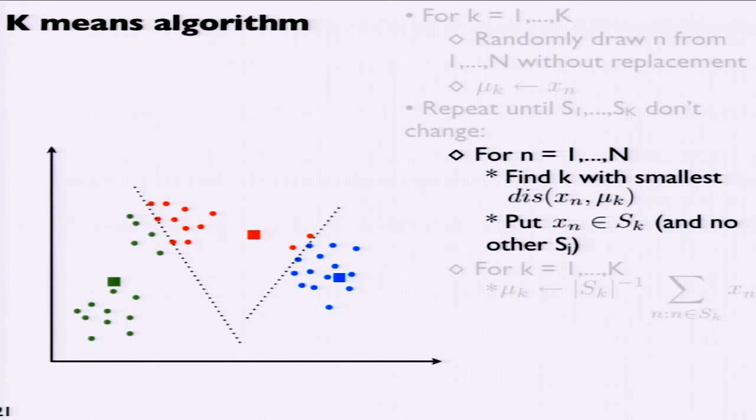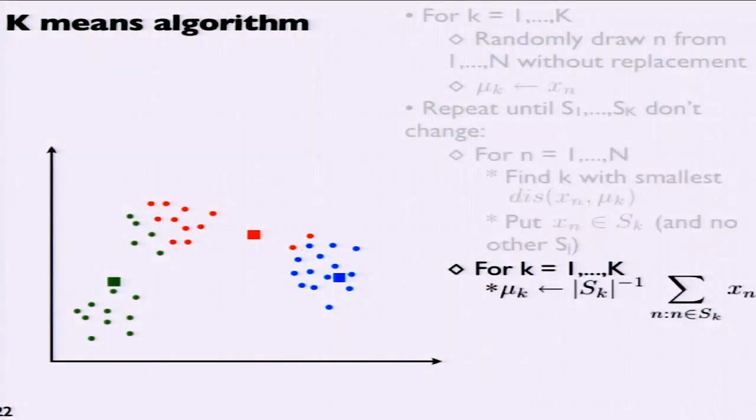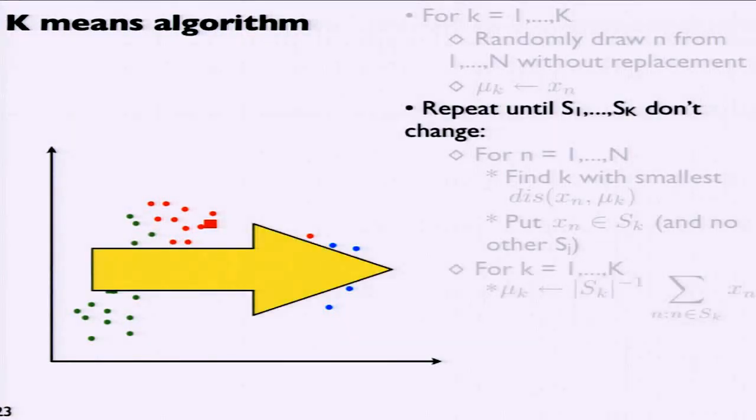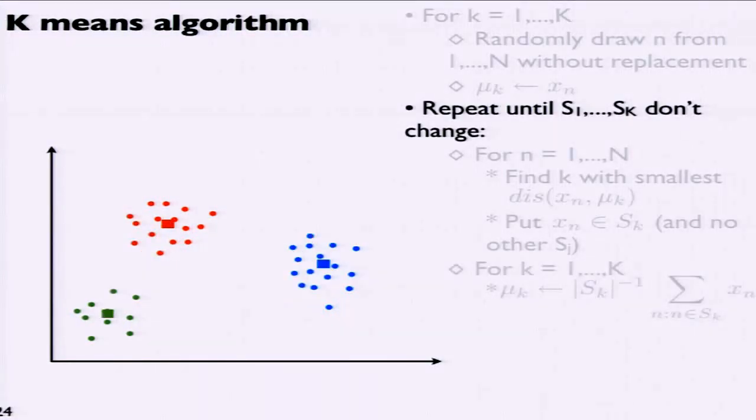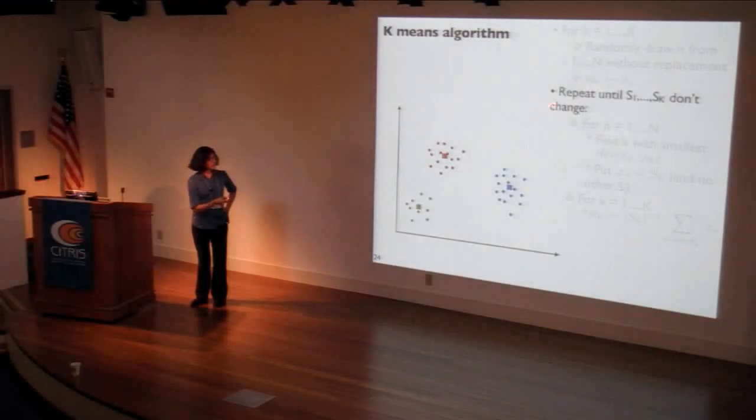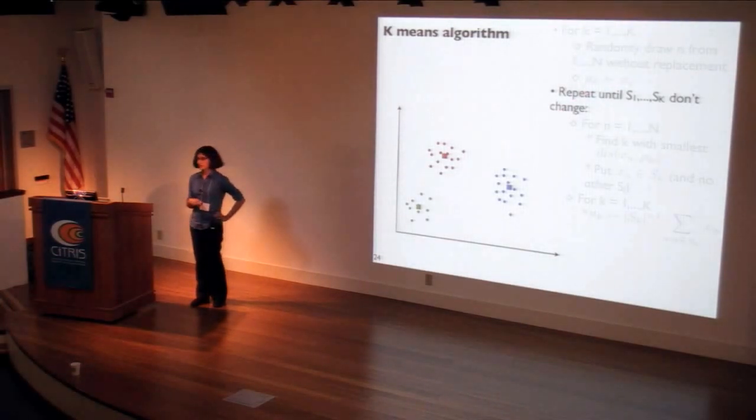We make some new assignments. Things change, so we keep going. We go back here and calculate some new means. This just keeps going on and on until we're done, and we found these nice means for these perfect clusters, which are exactly what we thought would happen in the beginning. And again, this is very appropriate to the Spark framework because of the iterative nature of this algorithm.